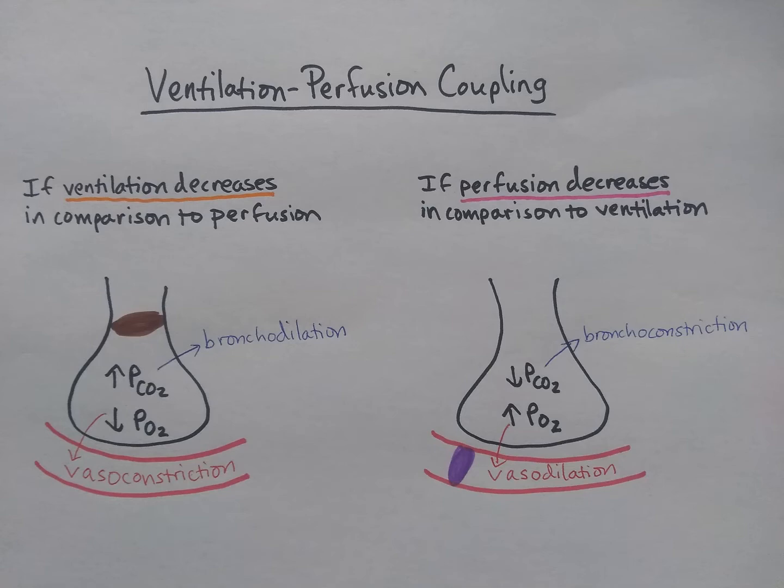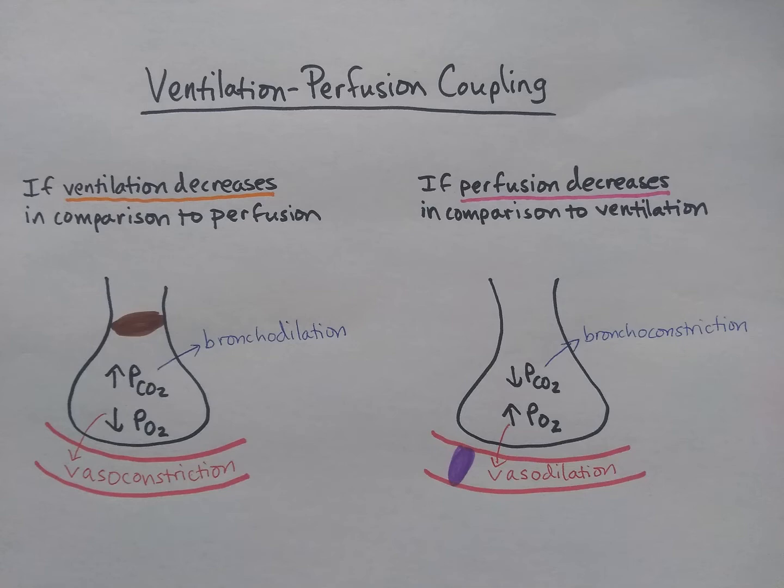And then in the other picture on the right, if perfusion decreases in comparison to ventilation, so this is blood flow decreasing to the alveolus in comparison to airflow in and out of the alveolus. So maybe we have a blood clot that has formed here in the pulmonary arteriole, and now we're blocking blood flow to the capillary bed around this alveolus.